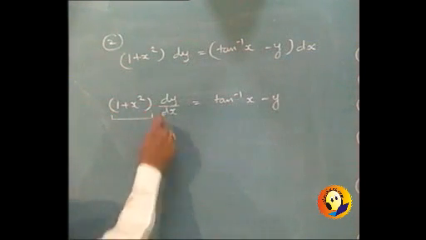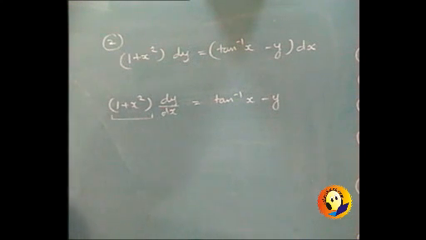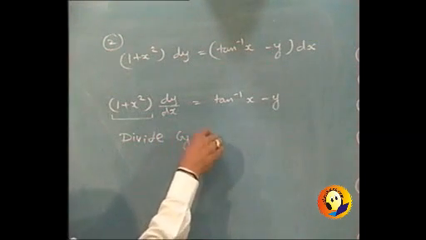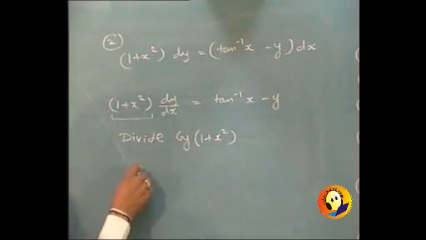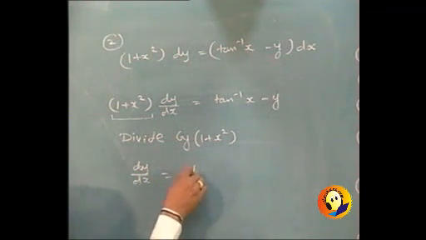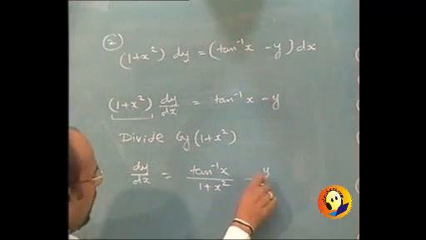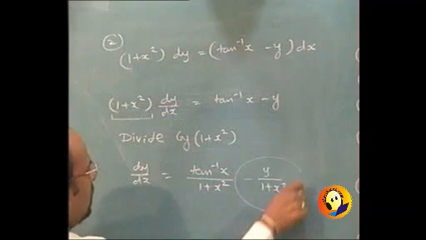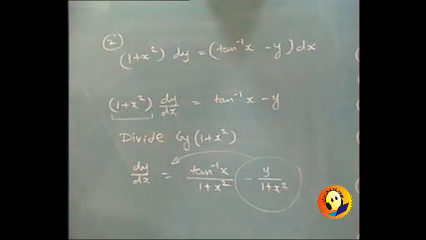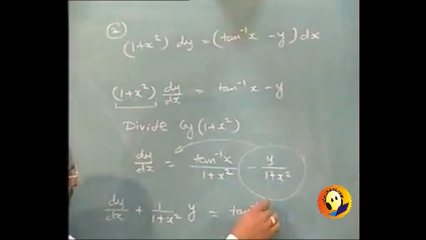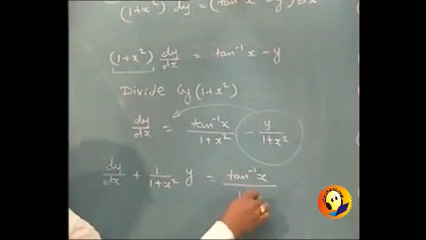We don't want any multiplier for dy by dx, so we will be dividing throughout by 1 plus x square, giving me dy by dx equal to tan inverse x upon 1 plus x square minus y upon 1 plus x square. This term should be taken to the left hand side to match with the form. So it will be dy by dx plus 1 upon 1 plus x square into y equal to tan inverse x upon 1 plus x square.